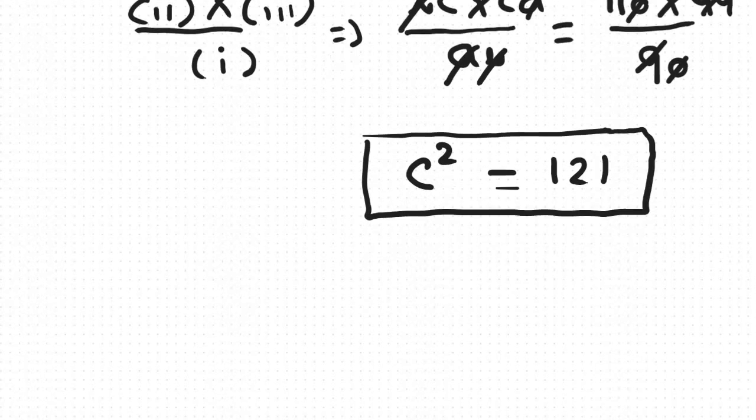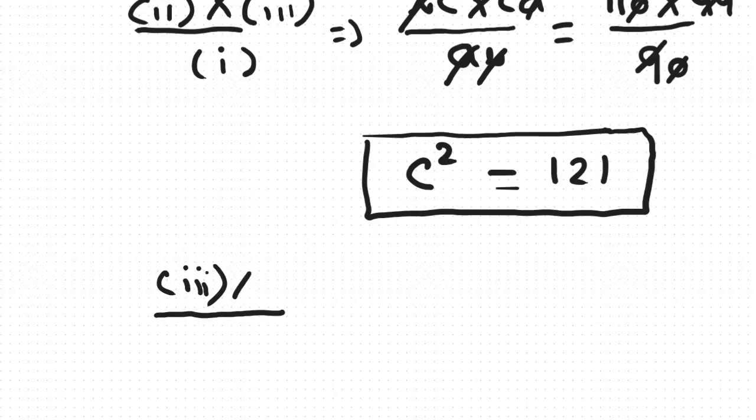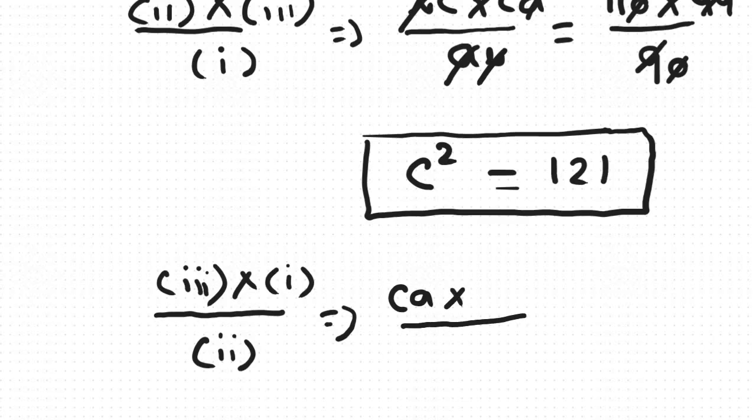Next, we can first multiply equation 3 with equation 1 and divide it by equation 2, which gives us CA times AB divided by BC.